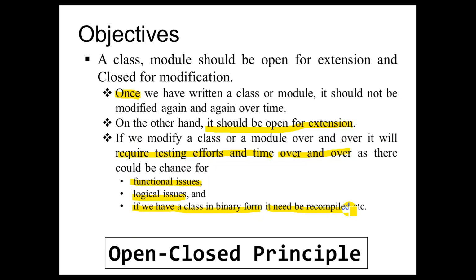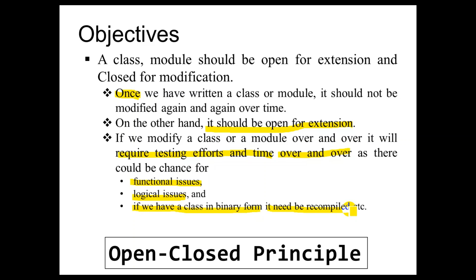Especially, we need to eliminate, reduce or remove the interdependability or coupling among the modules, and that is our objective. If we want to really ensure or adopt the open closed principle, that means we need to remove, eliminate, or reduce the interdependability or coupling among the modules.